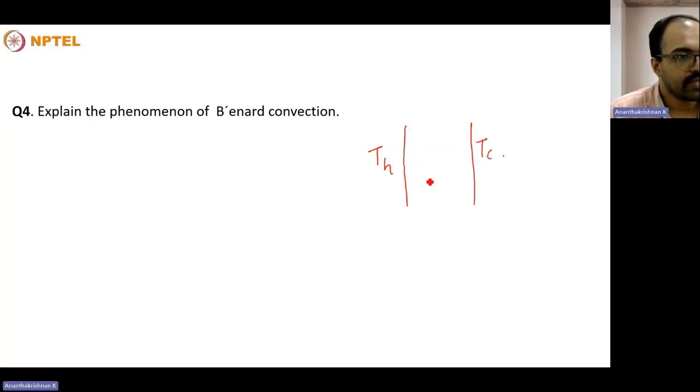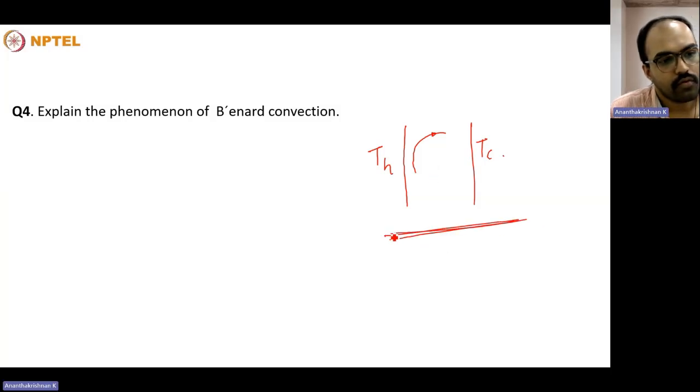As and when there is a temperature difference, you could experience natural convection circulation straight away. But when the walls are horizontal, separated by a distance h, the bottom at Th and top at Tc, you can't expect the natural convection to set in straight away.